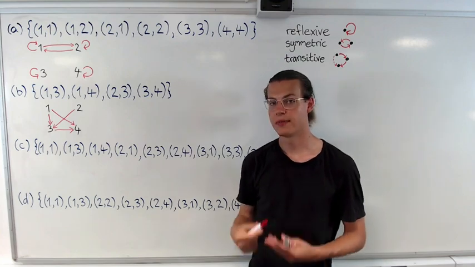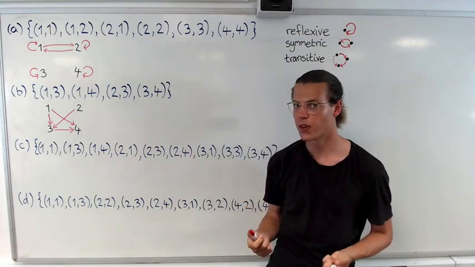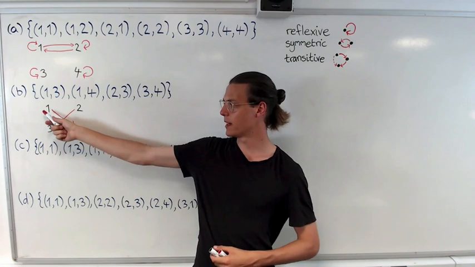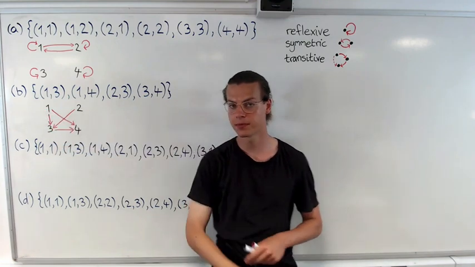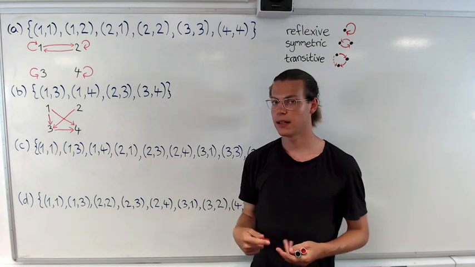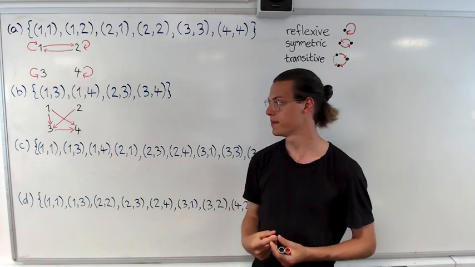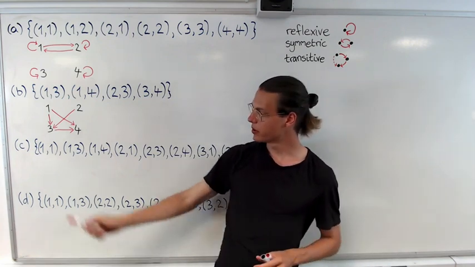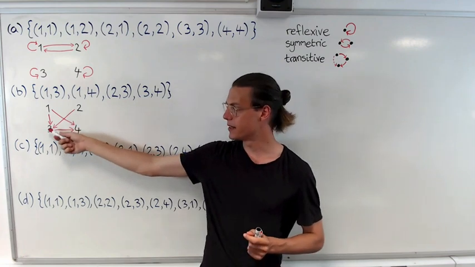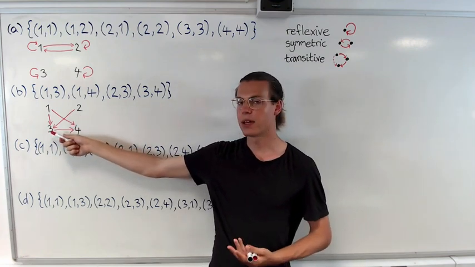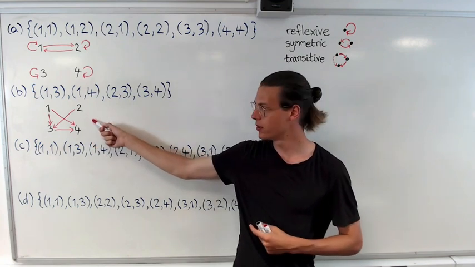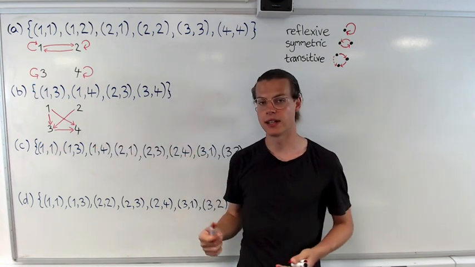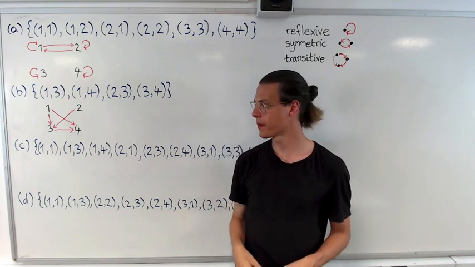It is not symmetric, since, for example, 1 is related to 3, but 3 is not related to 1. And it is not transitive. For example, 2 is related to 3, and 3 is related to 4, but 2 is not related to 4. So the relation is not transitive.